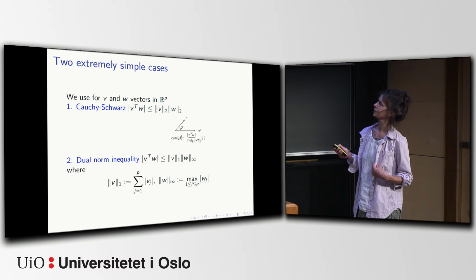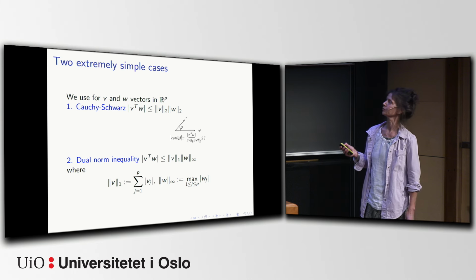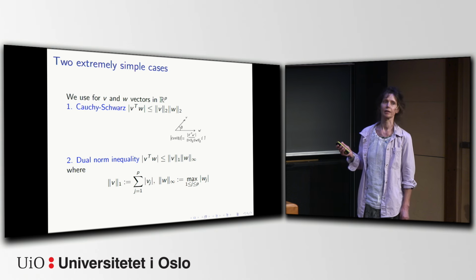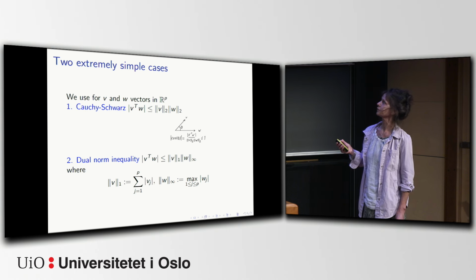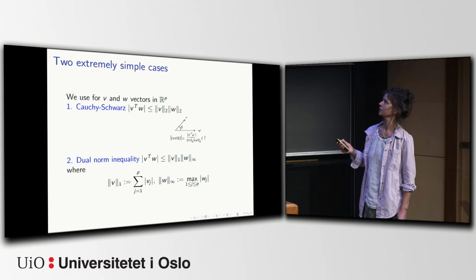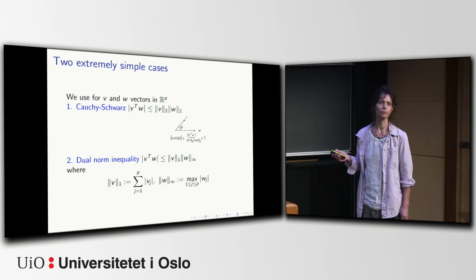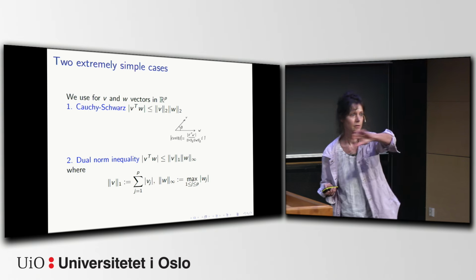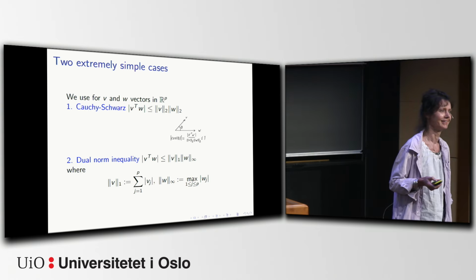What does Cauchy-Schwarz say? Well, the inner product between two vectors can be bounded by the product of their lengths. That's because if you have two vectors, the cosine of the angle between them is the inner product divided by the lengths, and the cosine in absolute value is always bounded by 1. Okay, so that's Cauchy-Schwarz, right? You're with me?